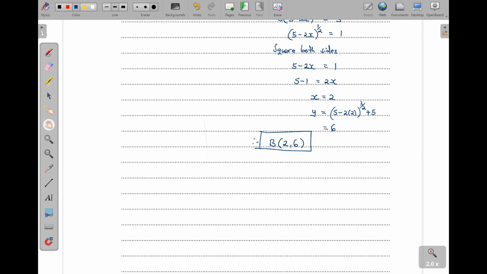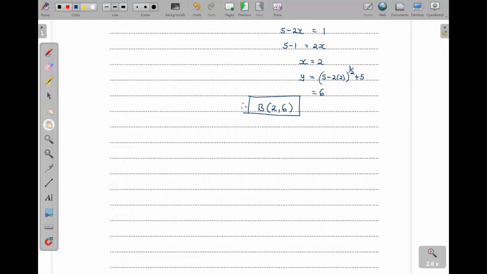Now from there, they want the equation of the perpendicular bisector. A perpendicular bisector, I said it before, passes through the midpoint of a line segment. So that means we need to find the midpoint of AB.